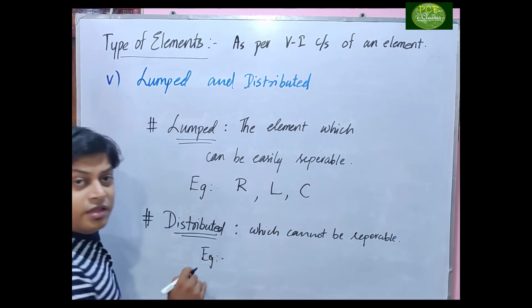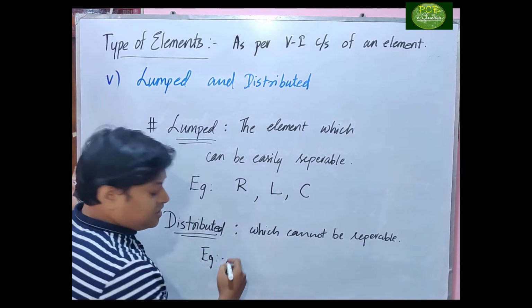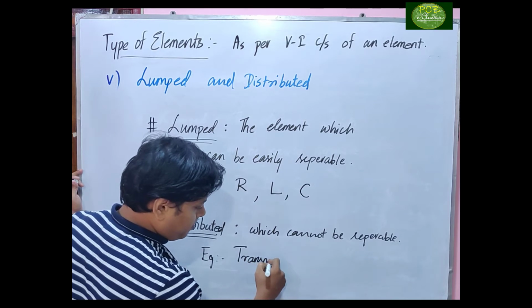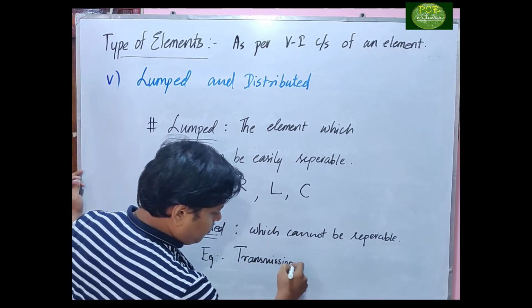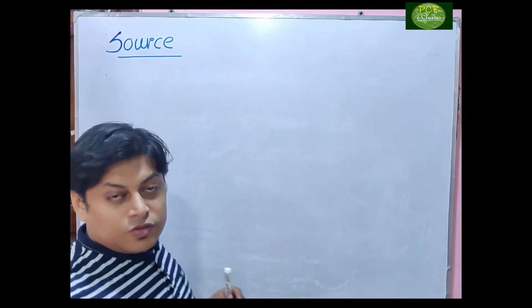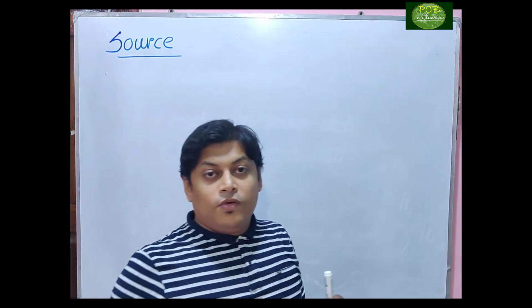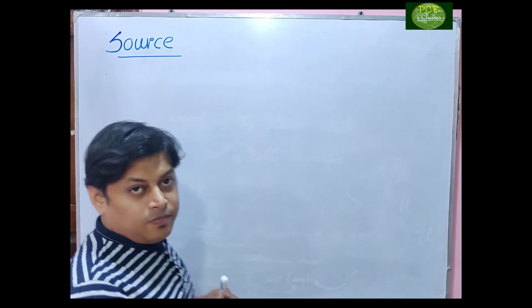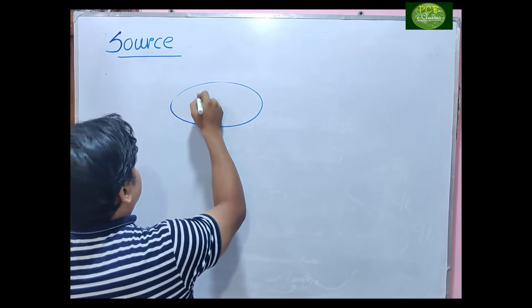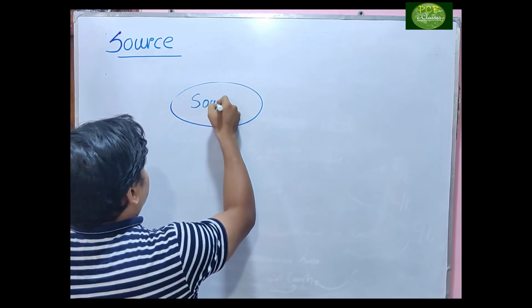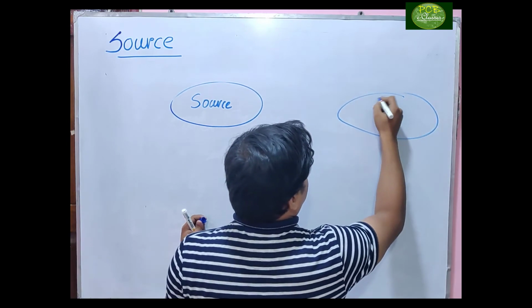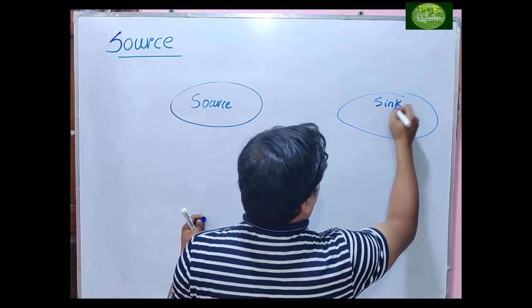Example. What is the example? The best example of distributed parameters is the transmission line. Transmission line. We have two things in the electrical system, right? One is said to be the source, another is said to be the sink or the load.